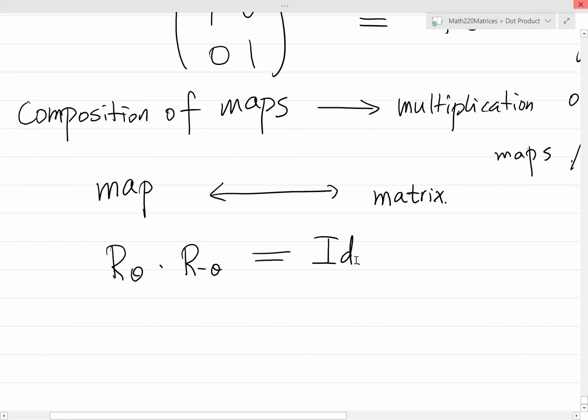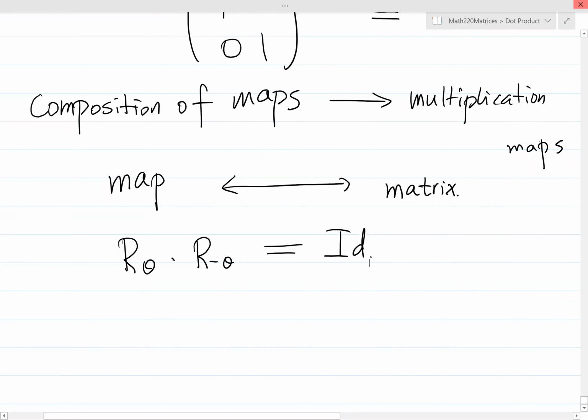So if we have two matrices, then here is the definition.